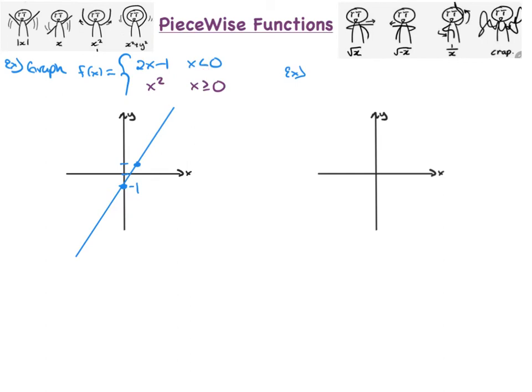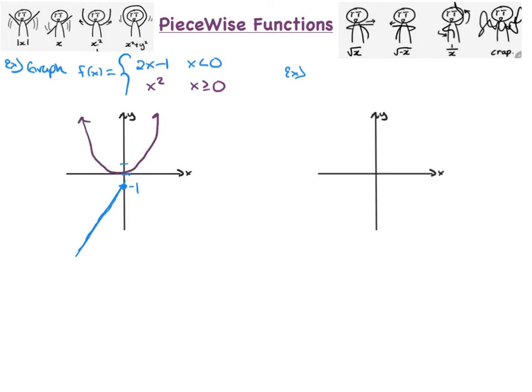So here's 0. I only want this piece down here. So I'm going to get my eraser and erase the rest of it. I have that really fine eraser now. There we go. Cool.